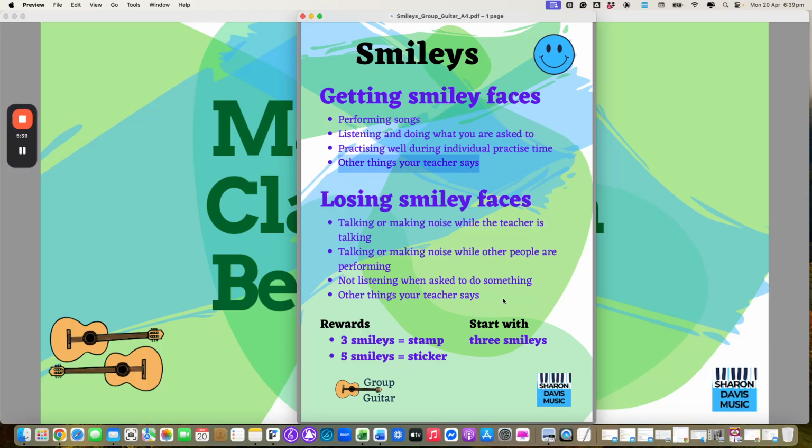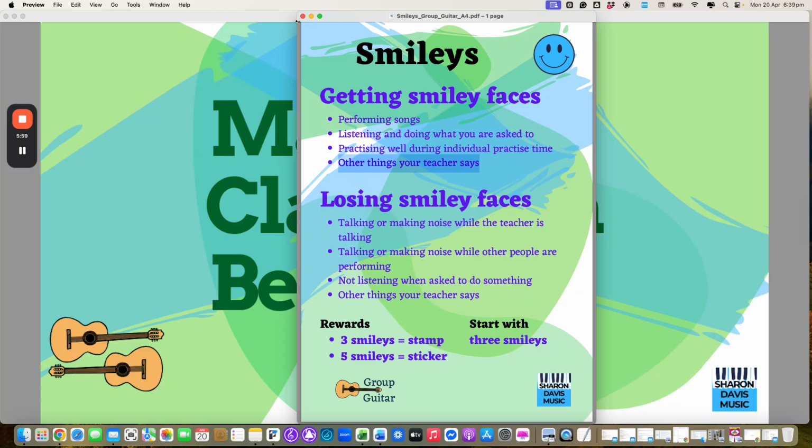So you might think it's just a thing that I drew with a marker pen, it's not that big a deal, but it does actually have quite a strong effect on the students and their behaviour, and they'll all sit up and listen and want to do the right thing to be able to get those smiley faces.